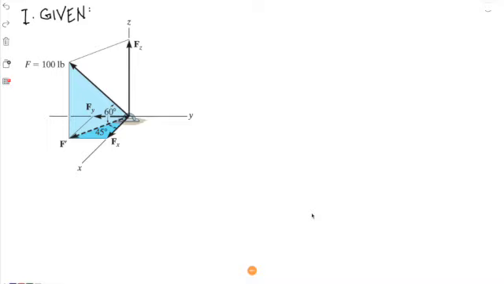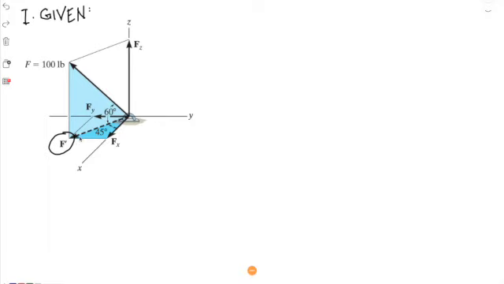Okay, so here is our given. For you to better visualize that, as we called our first step, to name the resultant in the xy plane, this is our resultant here, F prime. So we name it F prime.